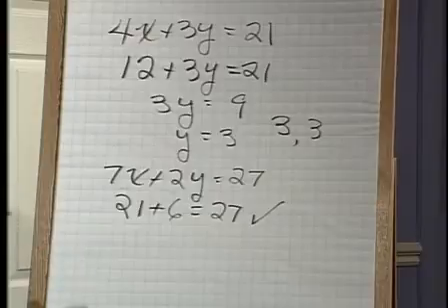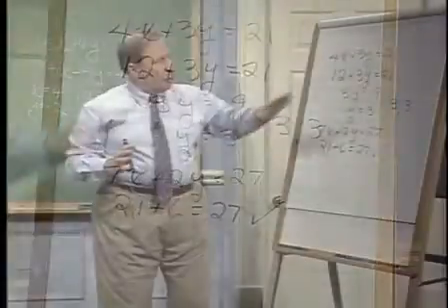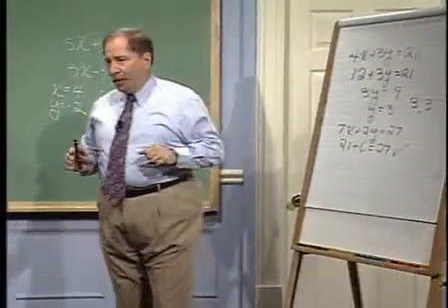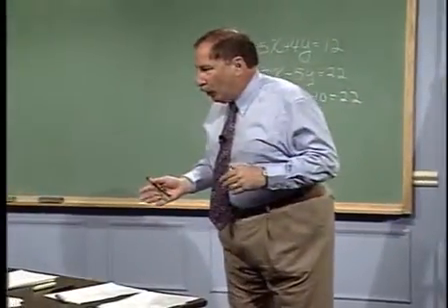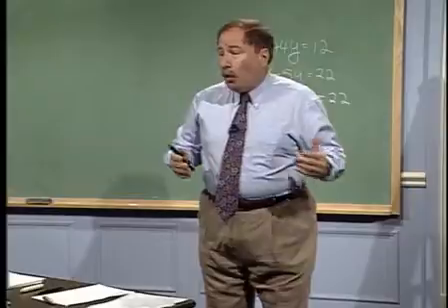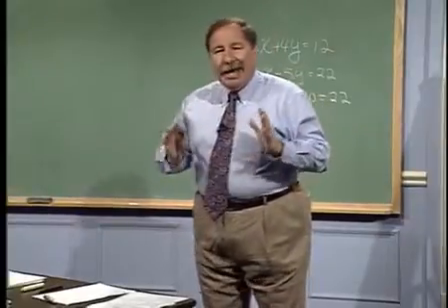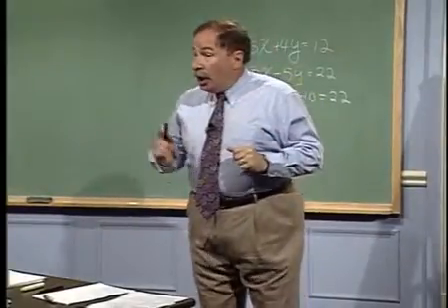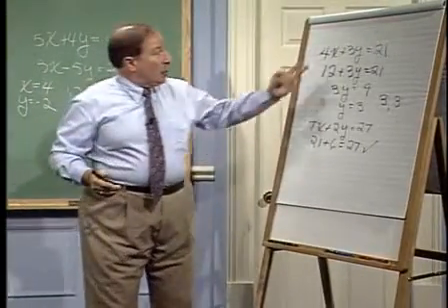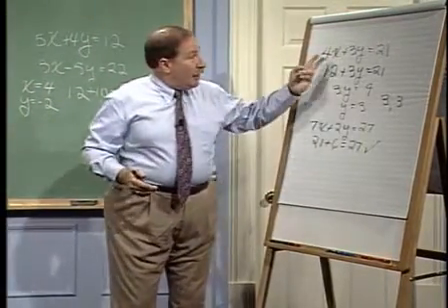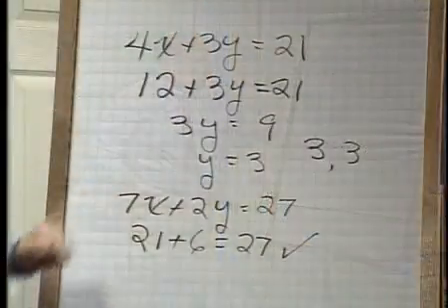Any other values of x and y, even values close to 3, for example, if you tried x equals 3.1 and y equals 3.1, or x equals 2.8 and y equals 4, anything like that, it would not work in both equations. You might find, and I'm sure there's plenty of numbers that would work in this equation. That is, you plug in the x, you plug in the y, and you get 21.